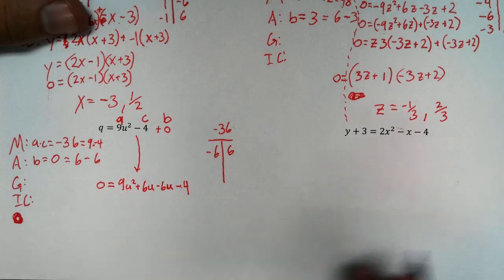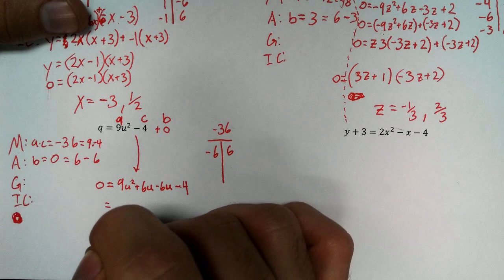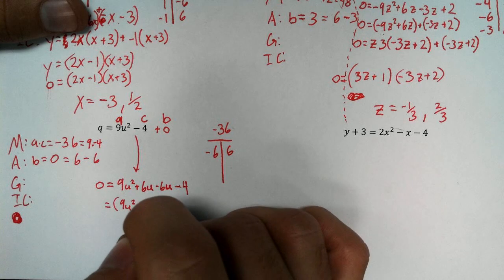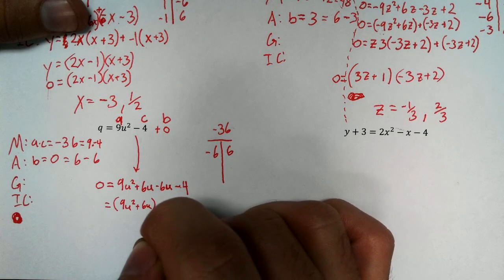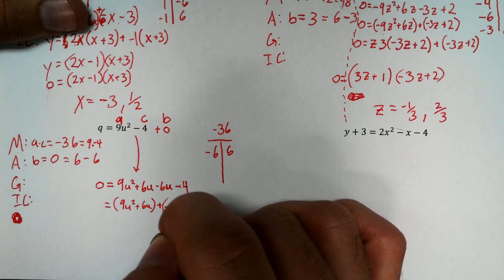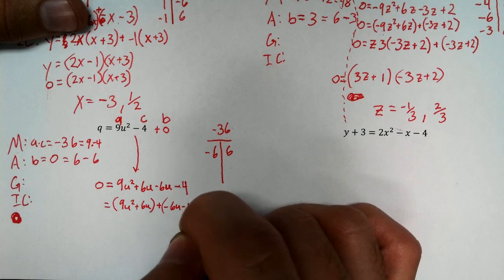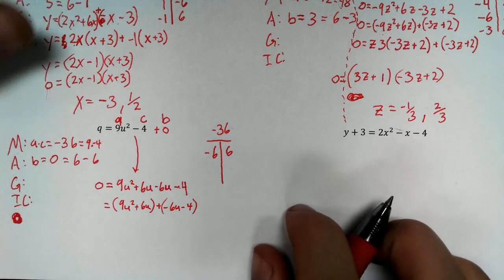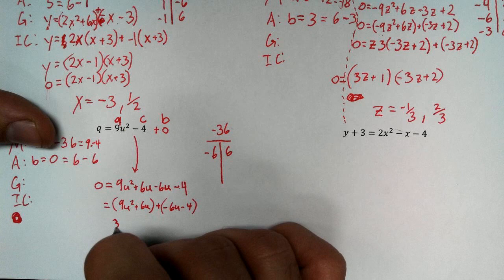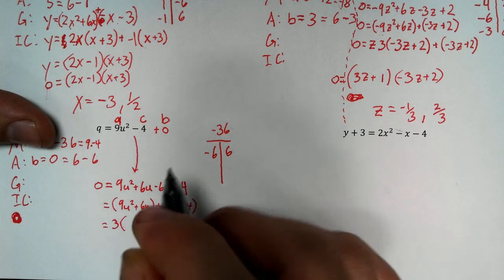There we go. Let's start the factoring. So we're going to group this up. 9u squared plus 6u, quantity, plus quantity negative 6u minus 4. Okay, so what are my factors in here? Well, I have a 9 and a 6, that shares a factor of 3, so let me go ahead and pull out a 3.